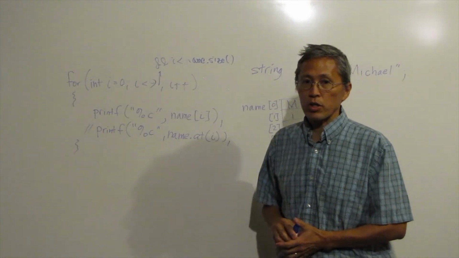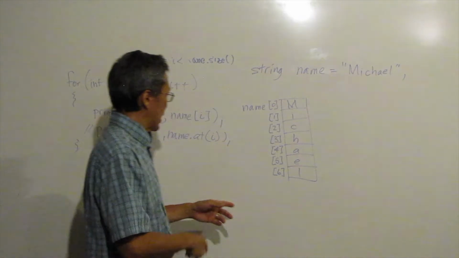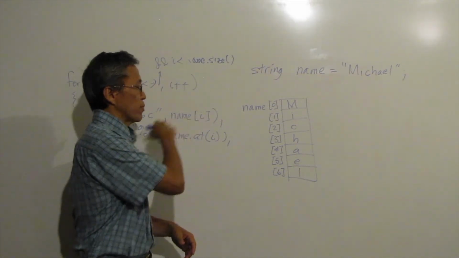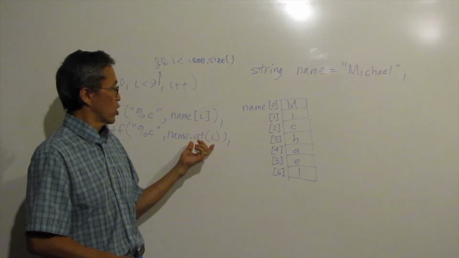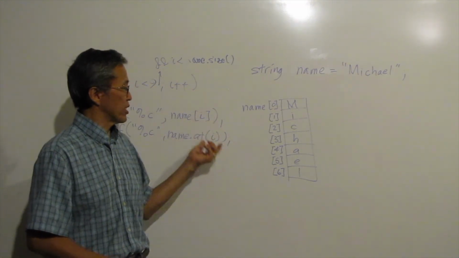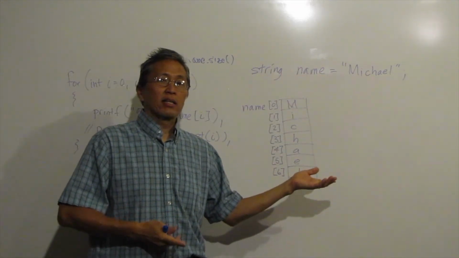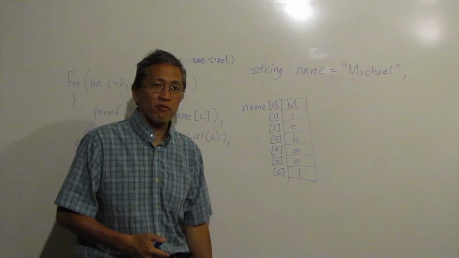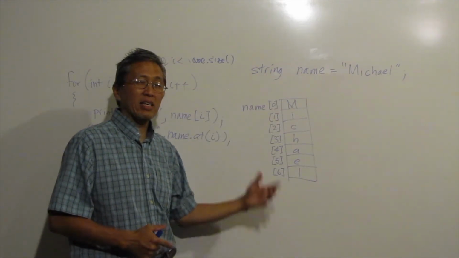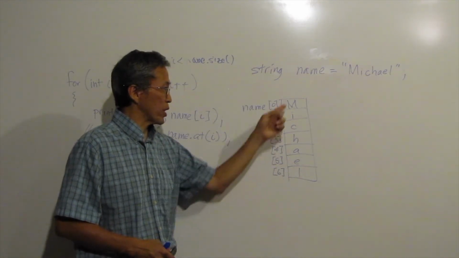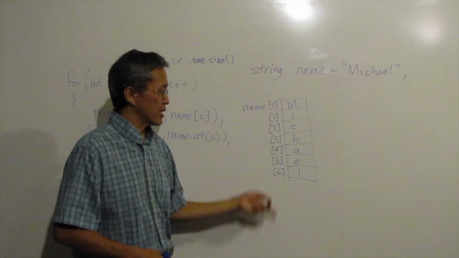So make sure that you are using strings to your best advantage with this dot size, with the dot at, and the square brackets to tell you where the index is if you want to do those things. Remember, you can change or just display stuff with either of these. And just remember that even though we think about strings as a fundamental data type for the most part, we need to also remember that it is a bunch of memory locations with single characters in it that are held together by a name and these indices.